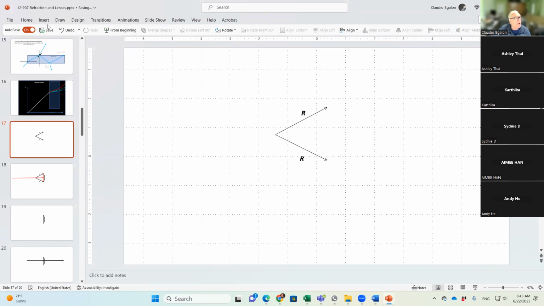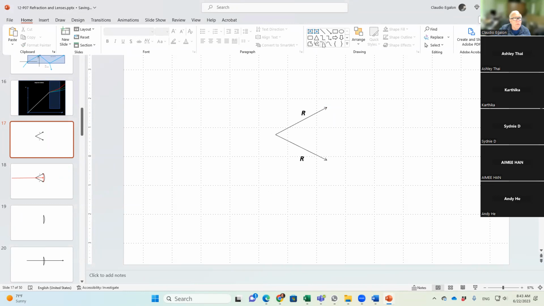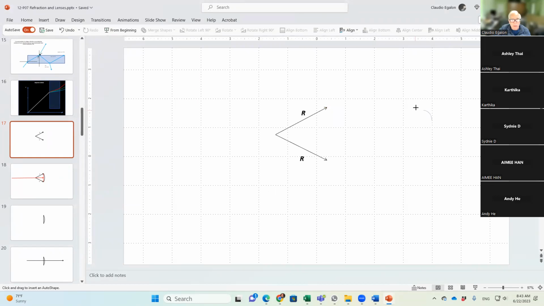No, that's not what I want. I want another one. This one. We have features here in PowerPoint that allow you to draw sections of a circle. This is a section of a circle.